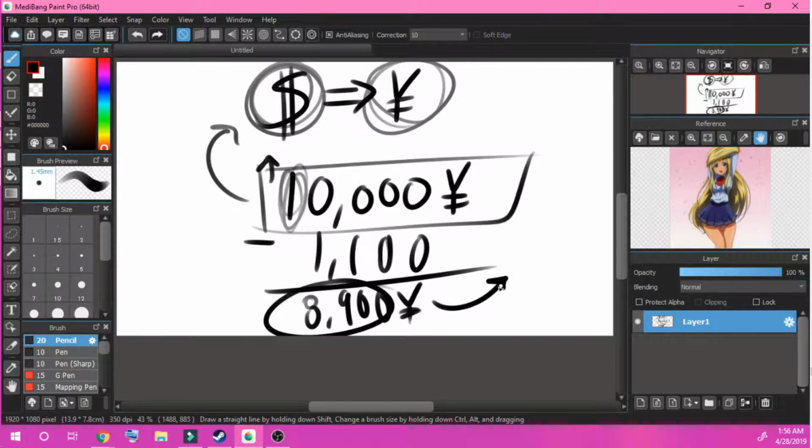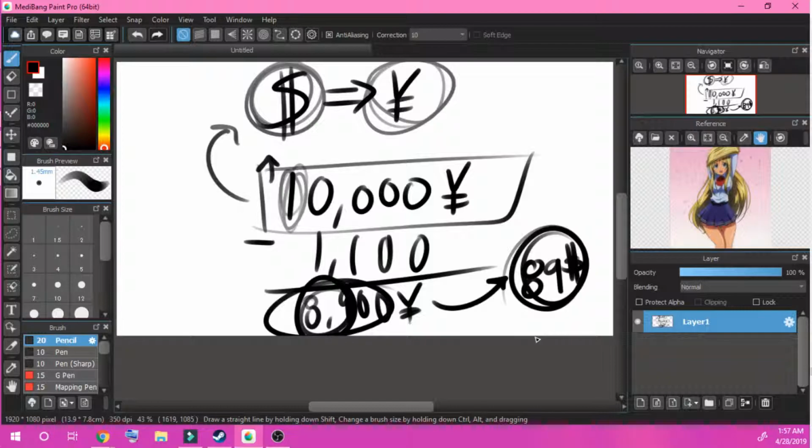So we take this and add it up. That comes to roughly $89, but I could be digits off. No, that looks right. $89. So my guess is that 10,000 yen is $89.